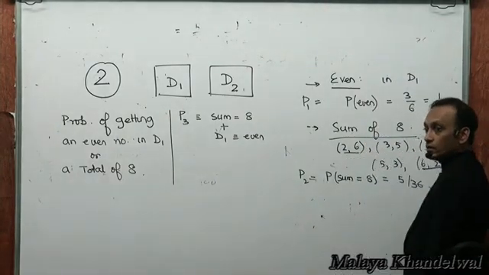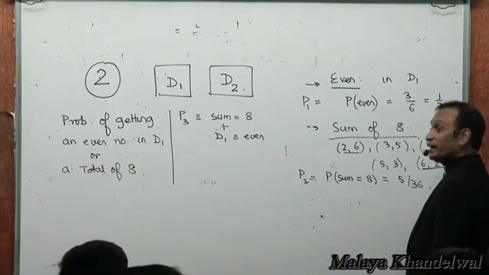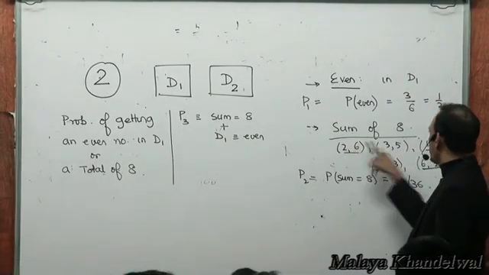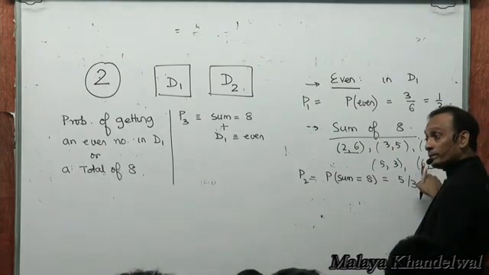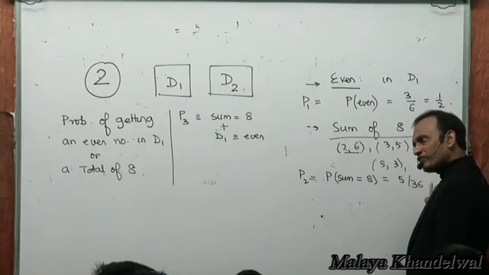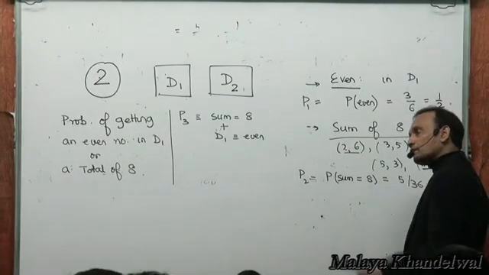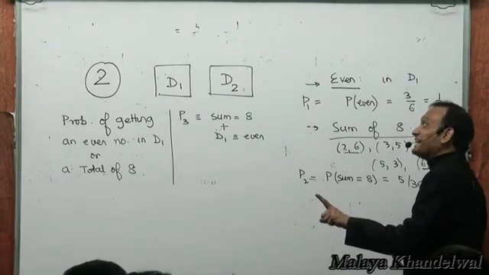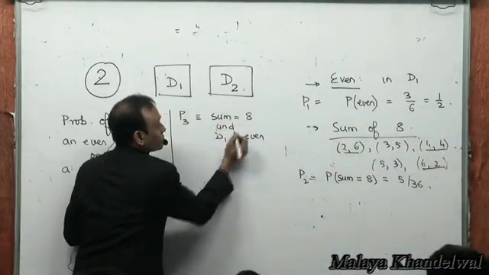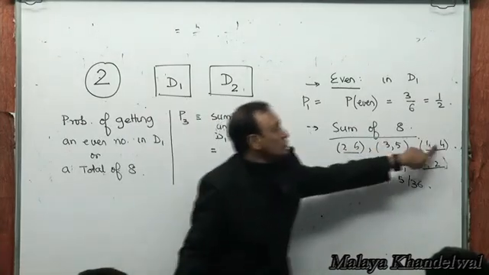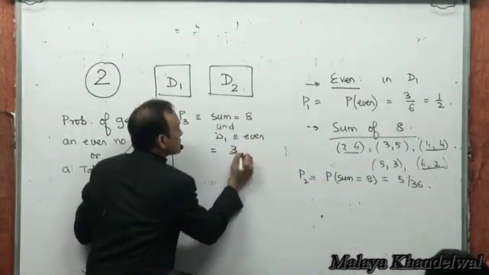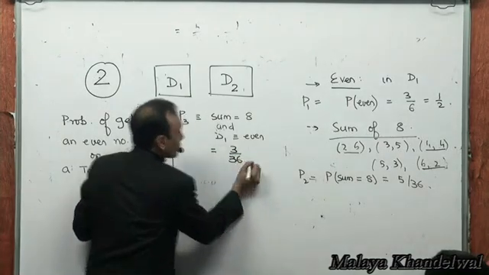This is 3, right? 3 divided by 36 is the probability. 3 favorable cases of D1 being even and the sum being 8. The favorable cases are 1, 2, 3 out of 36. So 3 by 36. Yes or no?